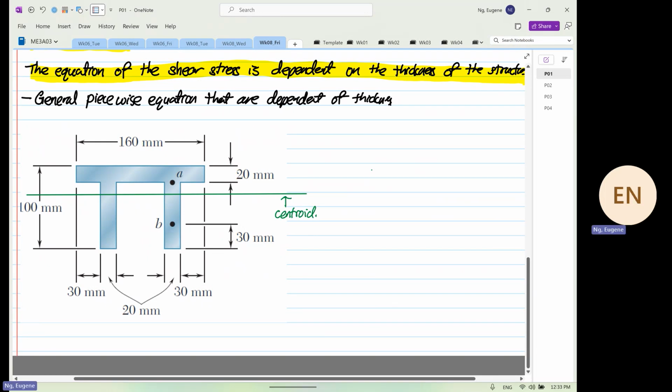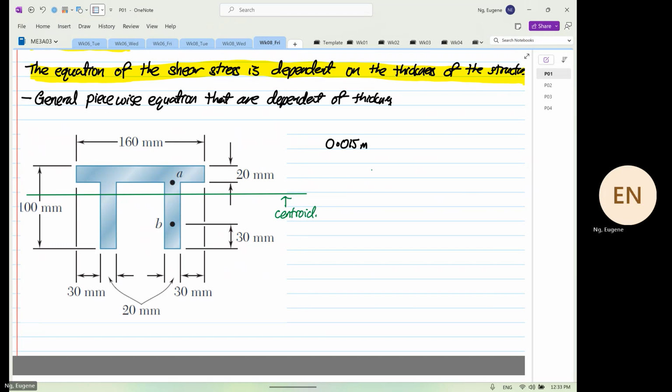And this distribution equation, the limits are as follows. The limits will be from 0.015 y, and it will go to 0.035 meters. So the equation we're going to form has these limits.